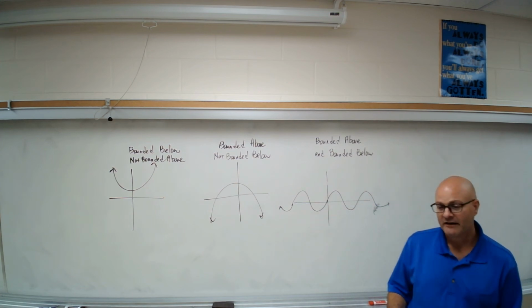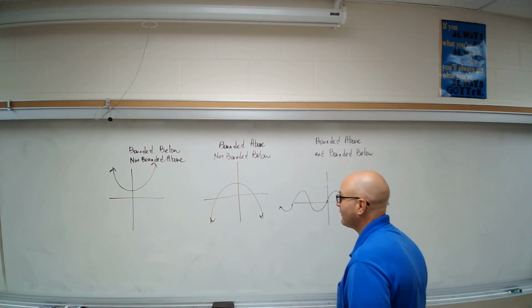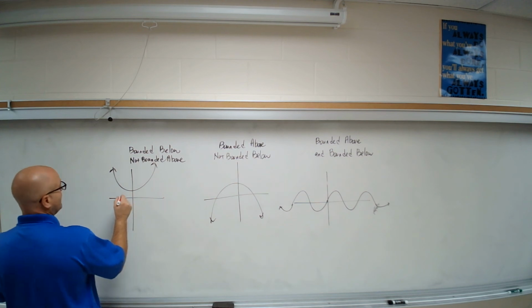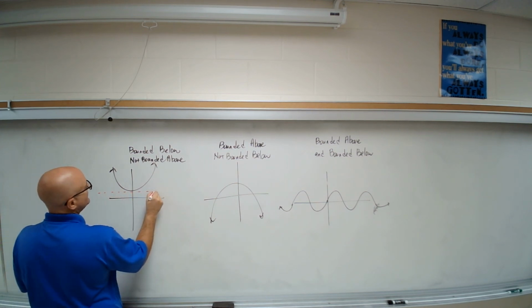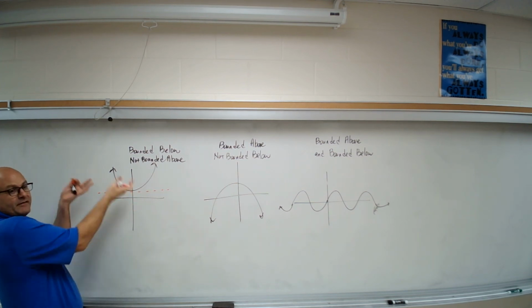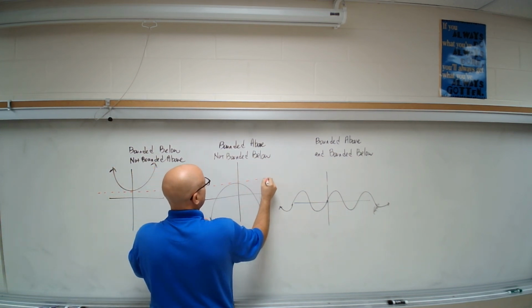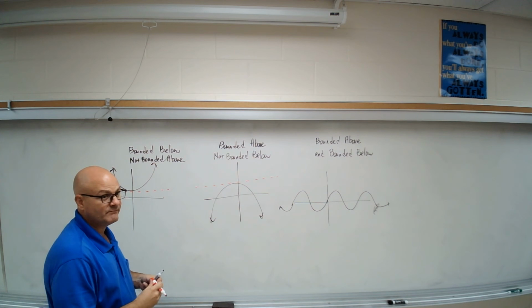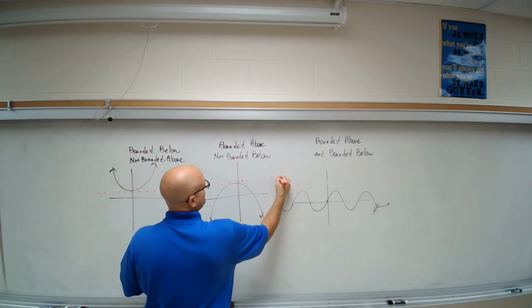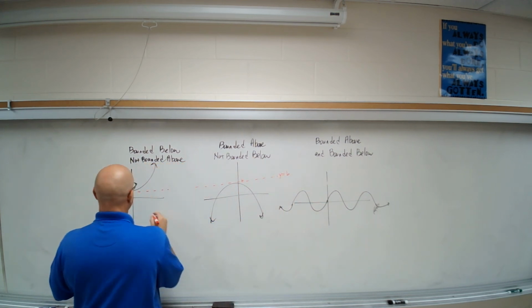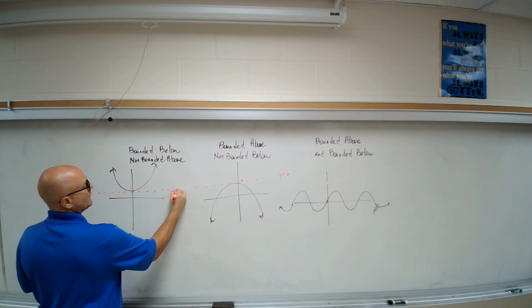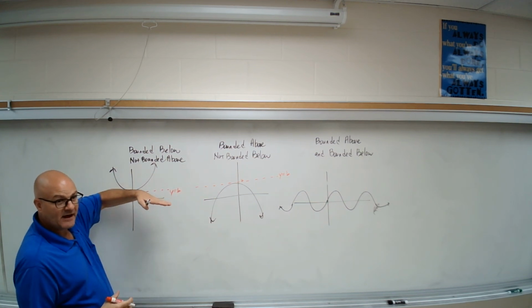So we want to think about it. If it helps to think of it graphically, this is bounded below because there's some b value here that everything's above it. This is bounded above because there's some horizontal line. If this is b right here, this would be the line y equals b.